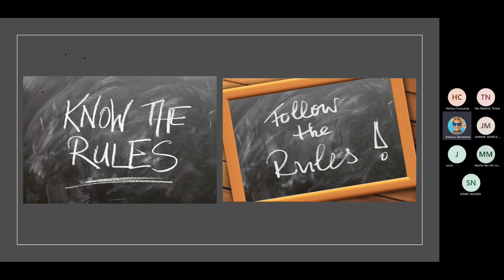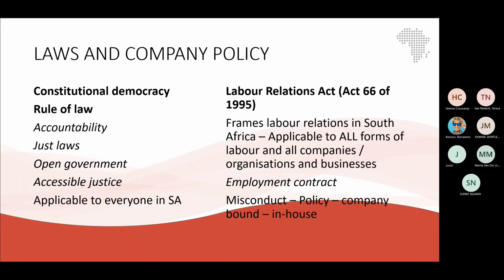If you aren't found out the first time, it's inevitable that you are going to be caught out if you continue to break the law and think you will get away with it. In our module, we're going to discuss two very specific sets of rules, in inverted commas. The first set is called law, and the second set is called policy.